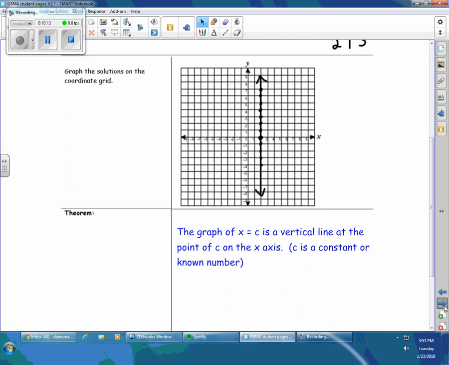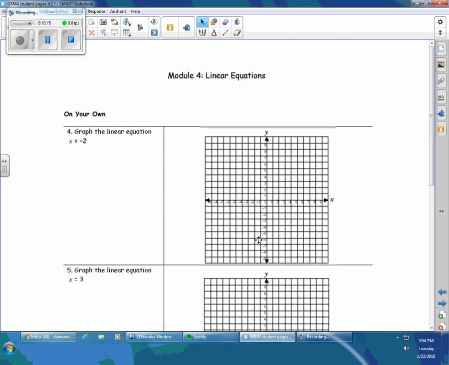So let's take a look at some exercises, and these are on your own exercise. Graph the linear equation of x equals -2. So I'm going to have you pause the video, find where x equals -2, and then draw your vertical line through it, unpause the video, and check your work.